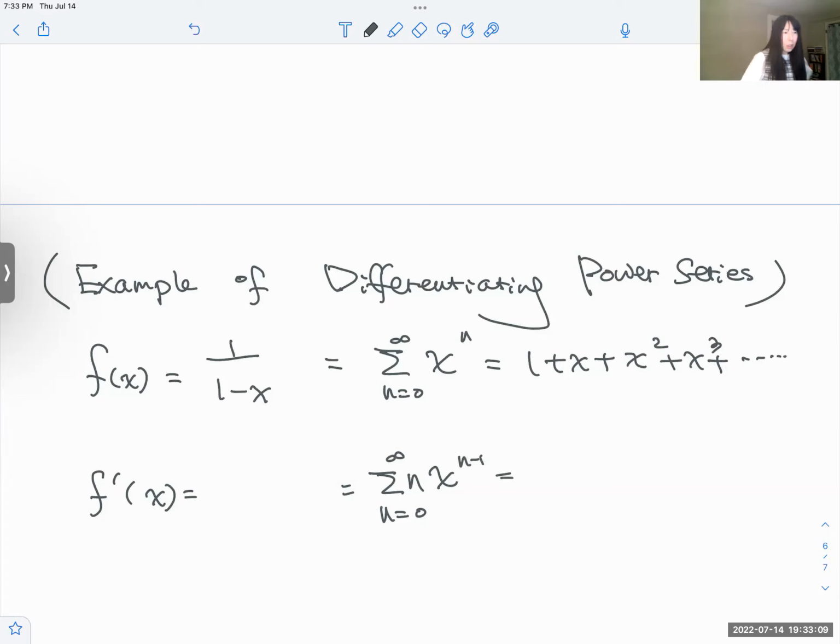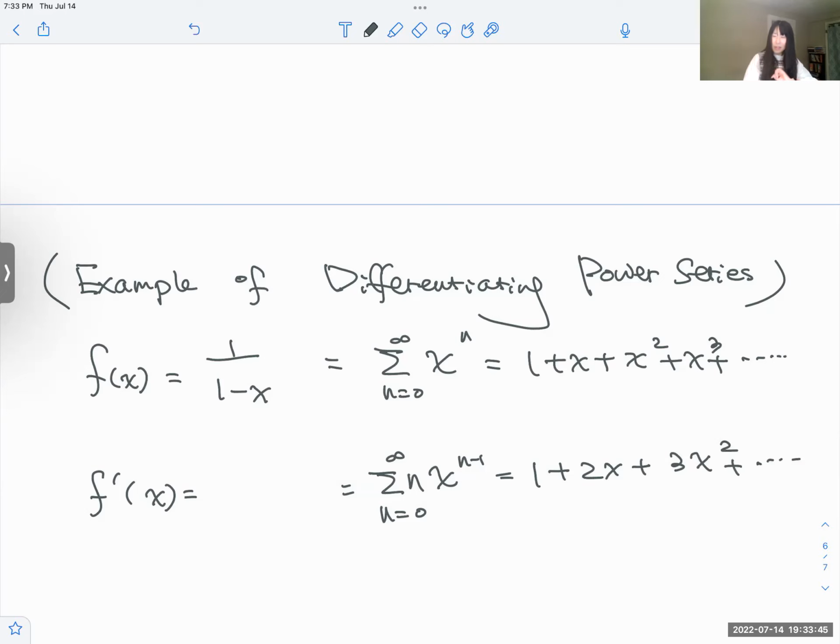Okay, then what will this be? So basically we do it in a different order. We have to differentiate term by term first. So we do the derivative. What do you get for this one? Plus 0 and 1 plus 2x. 2x, yeah. Okay, 3x squared. 3x squared, right?